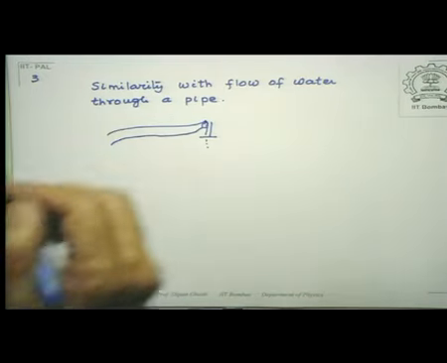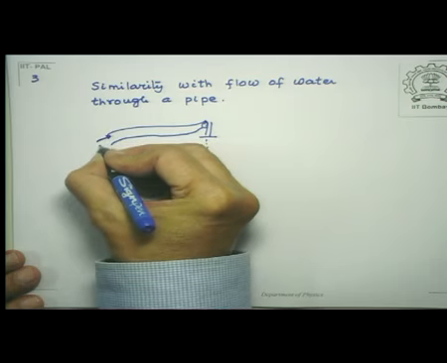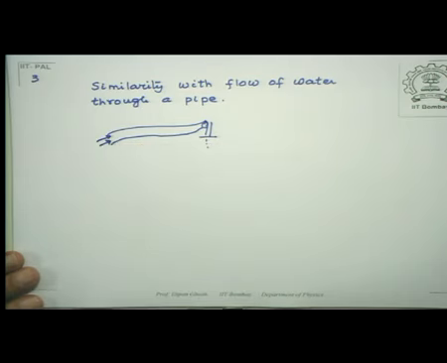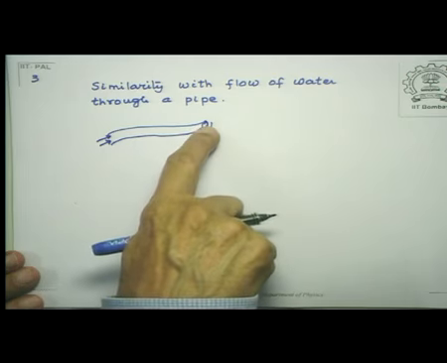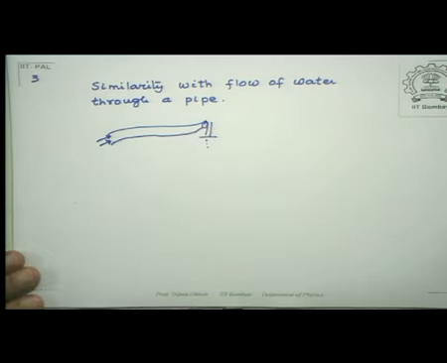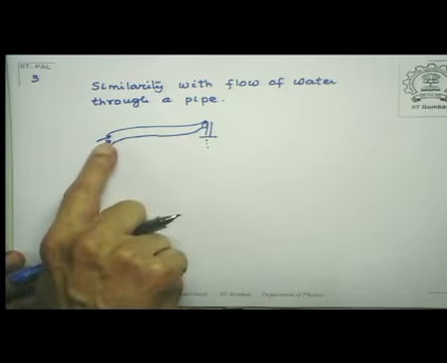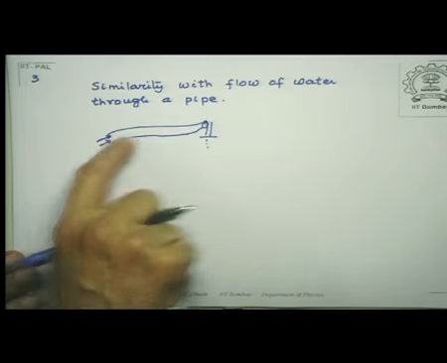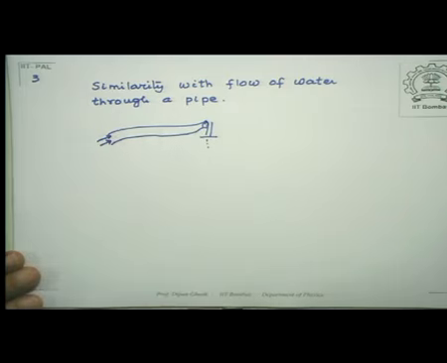Now actually what is happening is that water is being pushed from one end, but because there is a closed faucet at the other end, it is not able to go and it stops. So there is no movement of water physically from here to there, because the pipe is already full of water.